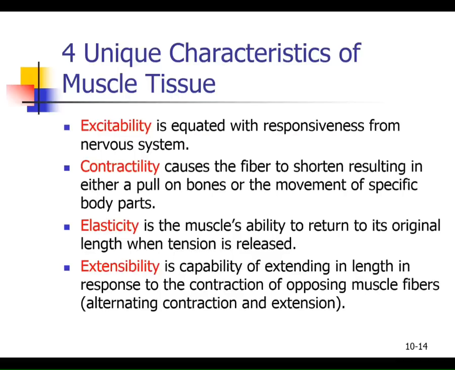So we say that skeletal muscles are also extensible because most of our muscles work in opposite pairs, don't they? The quadriceps femoris muscles work opposing, or antagonistically, to the hamstrings. So when one is contracting, the other one is being extended, isn't it? Right? And then we talk about returning back. That's the elasticity portion. So the 4 characteristics of muscle: excitability, contractility, elasticity, and extensibility.